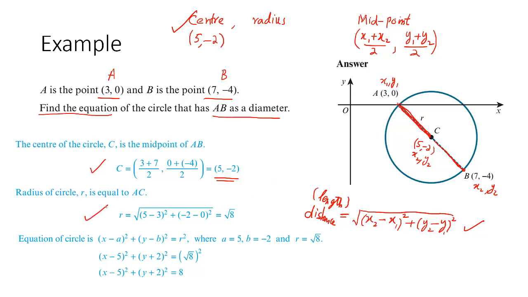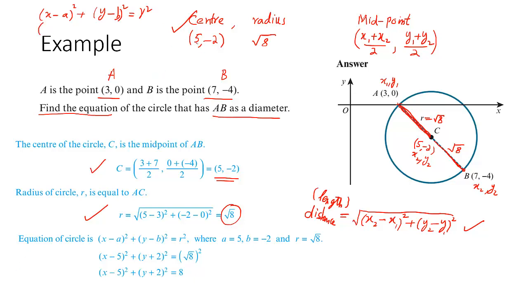The working is over here, and the radius is square root of 8. Student, if you use points C and B, you will get the same answer as well. Therefore, the radius is square root of 8. Now using the equation in completed square form, (x minus a) whole square plus (y minus b) whole square is equal to r square, plug in the values.